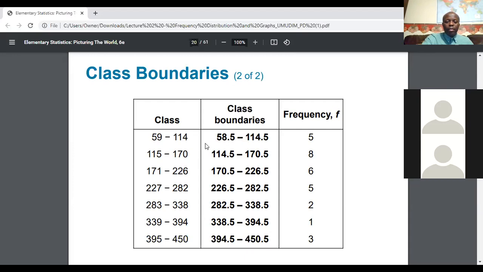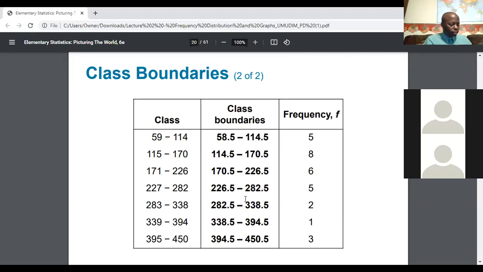Then to get the upper one, add the half distance. Yes, 0.5 plus 114 gives you 114.5. Okay, thank you. So on the right side, you add it, but on the left side, you subtract it.